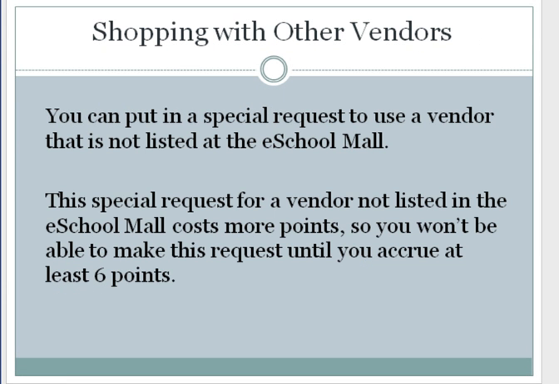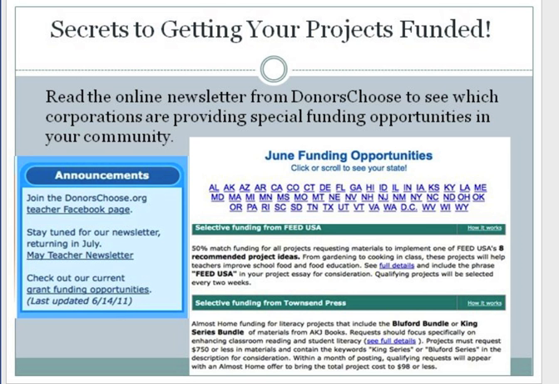Another thing you can do, if you want something and you can't find it at the eSchool Mall, is use your 6 points to request a vendor that's not in the DonorsChoose list. That's what I did for my chess set, because the chess set they offered wasn't exactly what I wanted. There is a way to do this, but it's for teachers that have already had a few proposals funded and accrued some points.